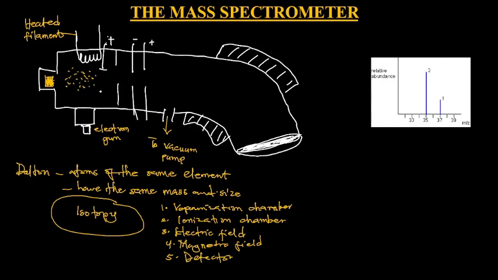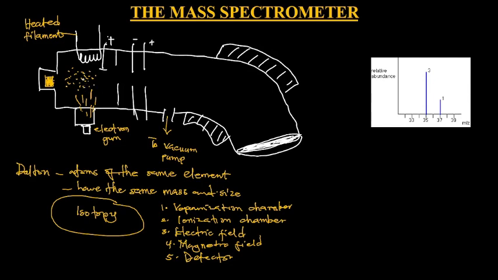If the sample is in an atomic state and we have high-speed electrons bombarding it, it is going to knock off an electron from the atom to make a positive ion, because anytime we lose an electron, we become positive.